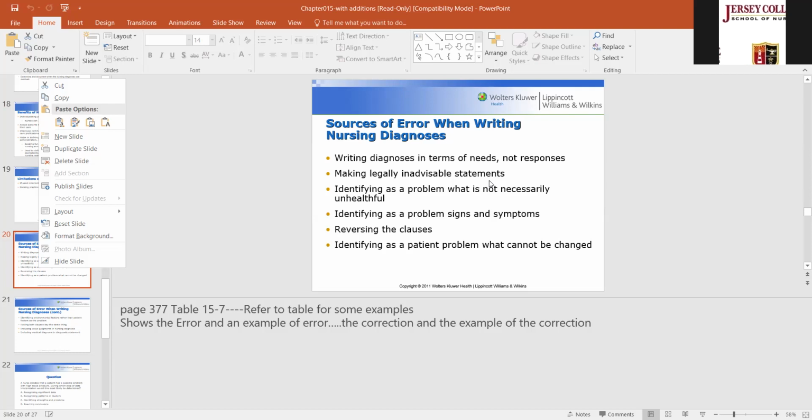So you want to identify it as a problem, not as an unhealthful thing. And then the signs and symptoms should also be identified as a problem. Don't rewrite the phrase so that it's backwards, and identify as a patient problem what the patient is not able to change. Sometimes that will lead us to error also.